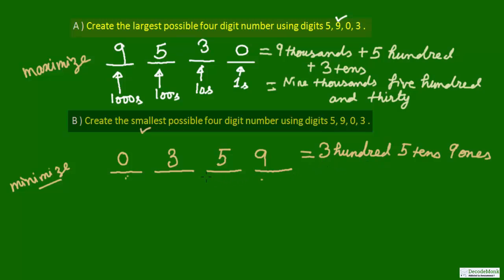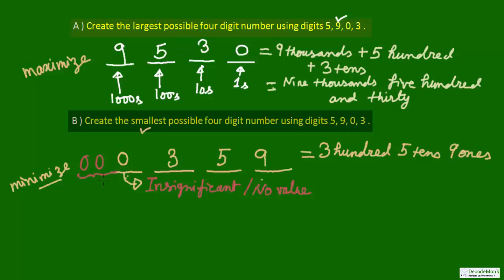But if you look carefully over here, as I have already discussed in my earlier videos, 0 to the left-hand side of any number is insignificant. So this 0 is insignificant. That means this 0 has got no value. Whether you put it or not, this 0 has got no value. This 0 or any number of zeros put to the left side of any number has got no value.